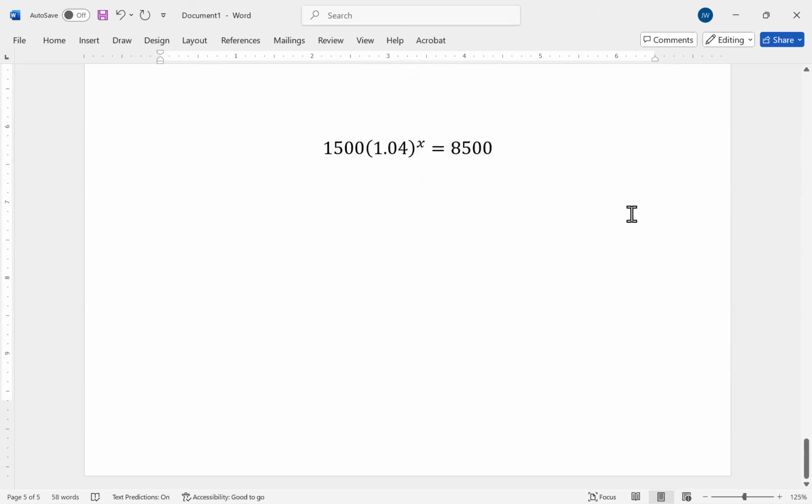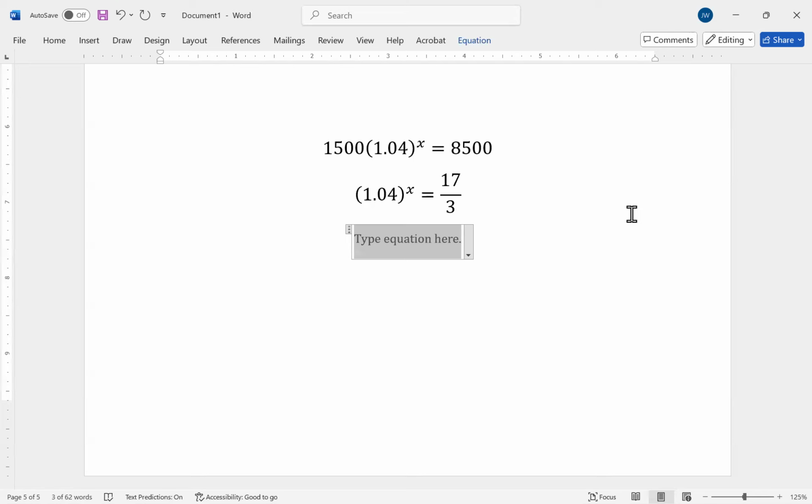Now for the other equation, we solve in a very similar way. The first thing I would do is divide both sides by 1,500. That would give me 1.04 raised to the x power is equal to 8,500 divided by 1,500. If we simplify 8,500 divided by 1,500, we get 17 over 3 as the fraction version of that.